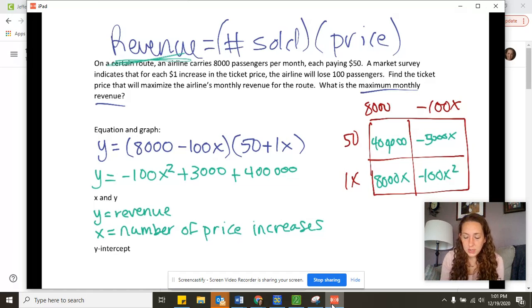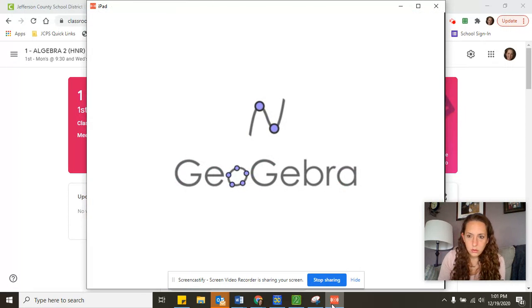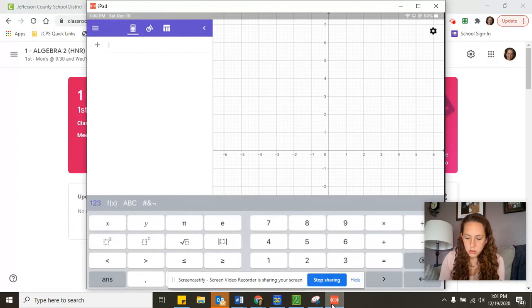So I am going to jump over to Desmos and graph this. So jump over here. So I have y equals negative 100x squared. Oh, this is GeoGebra, sorry. I'm not using Desmos. Either one works though, GeoGebra or Desmos.